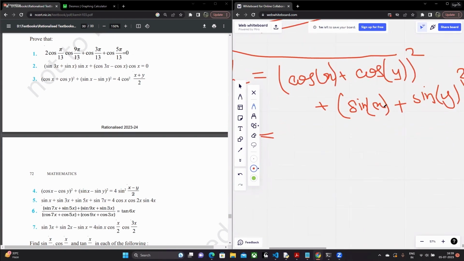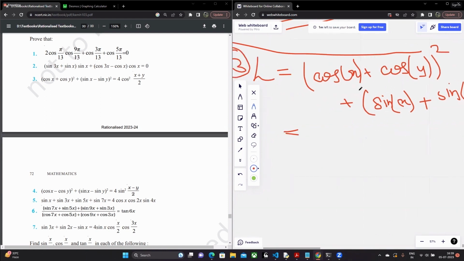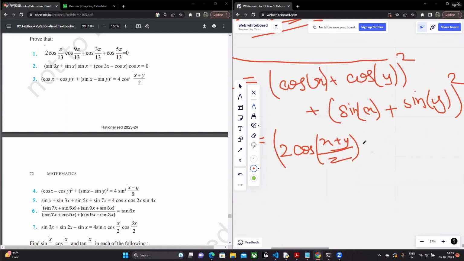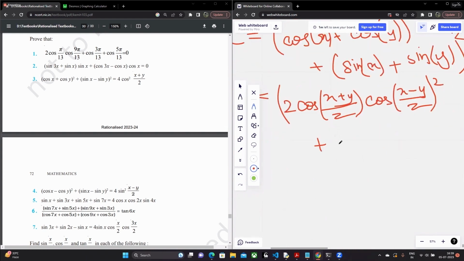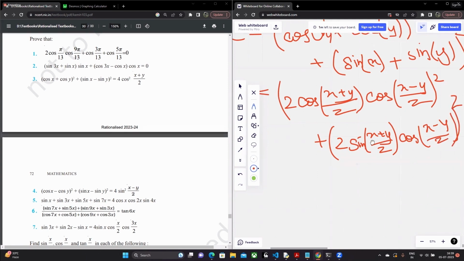I'll add cos x and cos y over here. I'll add sin x and sin y over here. So, inside, I'll basically get 2 cos of (x plus y) by 2 into cos of (x minus y) by 2, the whole square, plus 2 sin of (x plus y) by 2 into cos of (x minus y) by 2. Right?